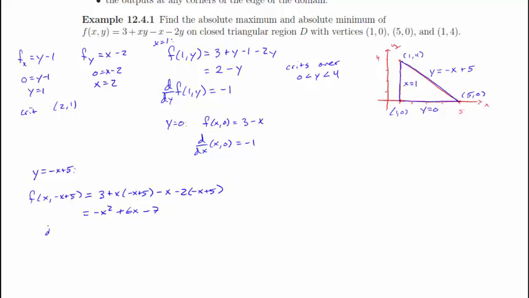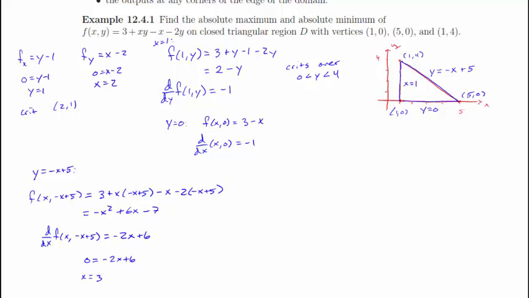And so if I take the derivative with respect to x, I get negative 2x plus 6. This equals 0 when x equals negative 6 divided by negative 2, which is 3.